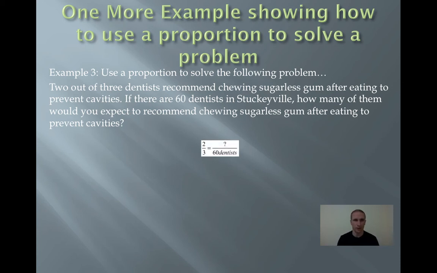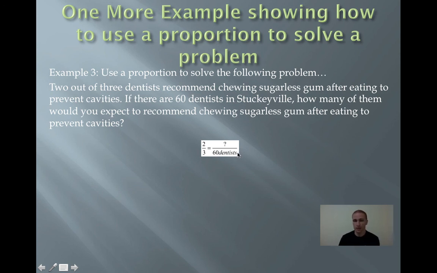So first of all, you set up the proportion. We're told that it is 2 out of 3 that recommend chewing sugarless gum, 2 out of 3 in total. So there's an unknown number that recommend out of a total of 60 dentists in Stuckyville.